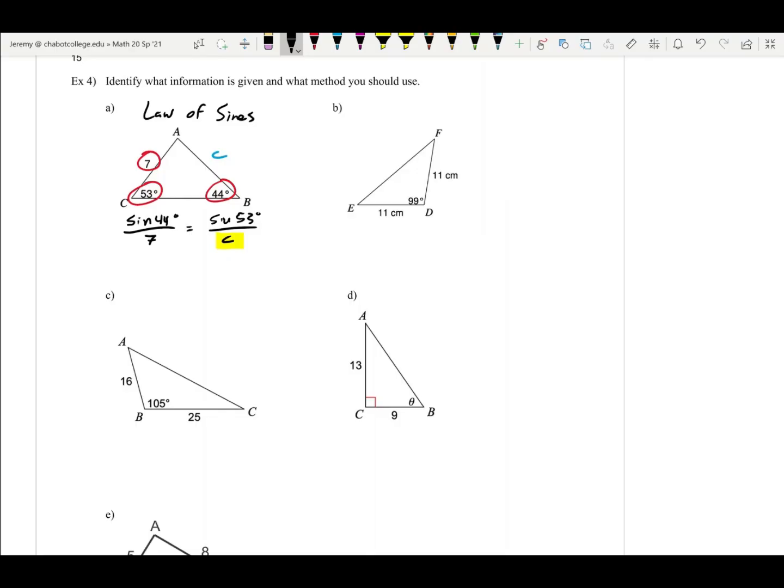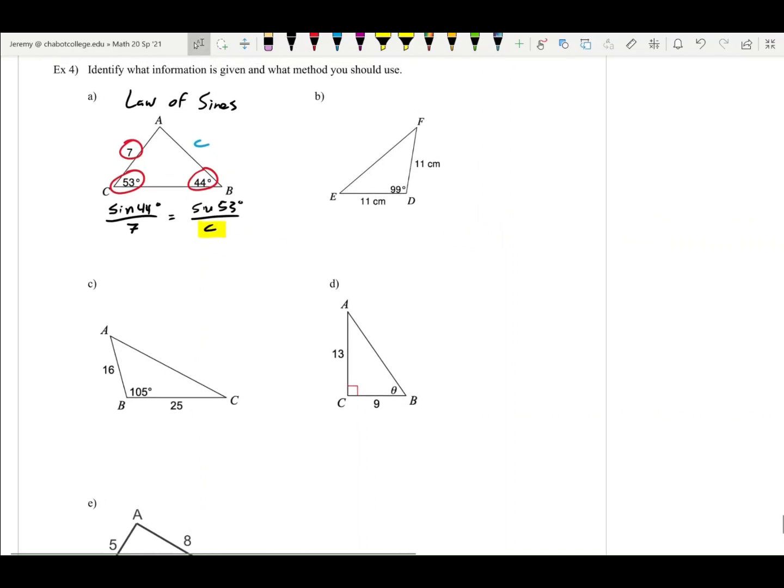Okay. So now for triangle B, looking over here now, the thing that jumps out at me right away is, hey, this is a side angle side situation, right? And I have a whole corner of this triangle defined.